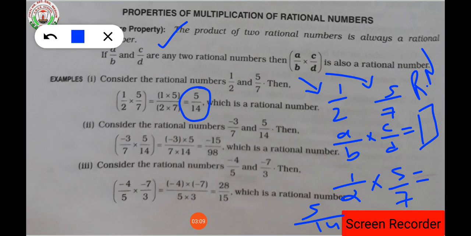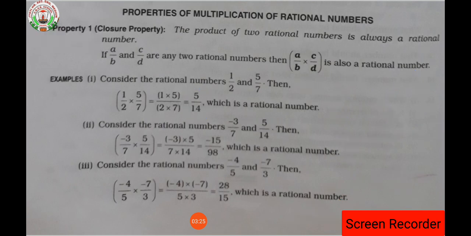First condition is that the numerator and denominator are integers. They can be positive integers or negative integers, isn't it? Second condition is that the denominator is never equal to 0. That means 5 by 14 is a rational number. Hence, our closure property is verified.